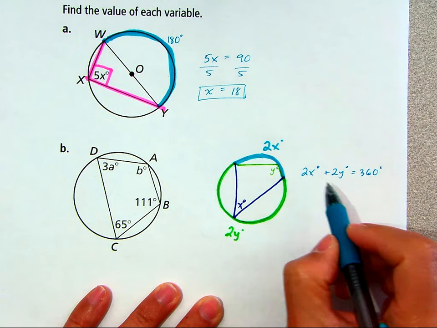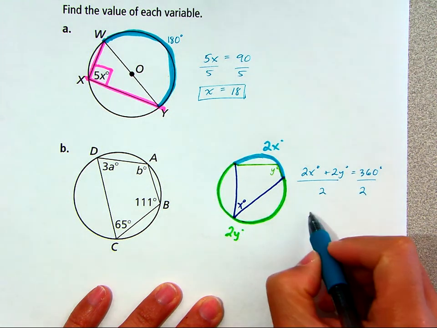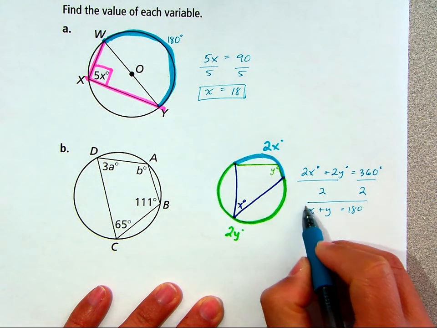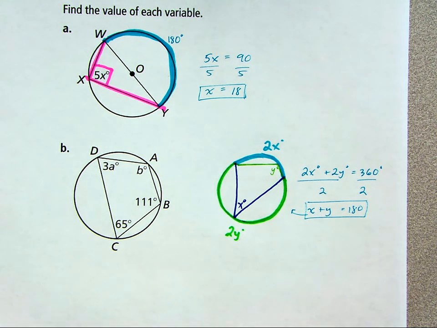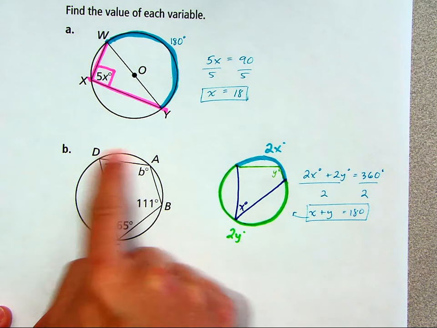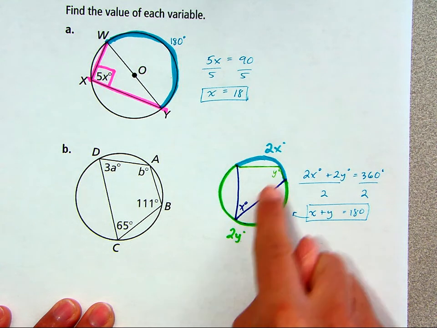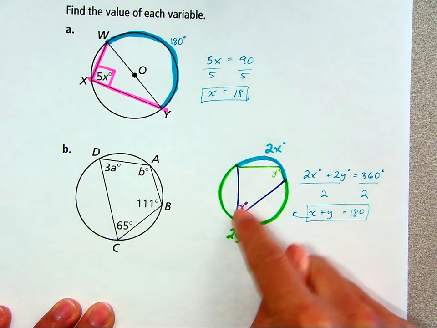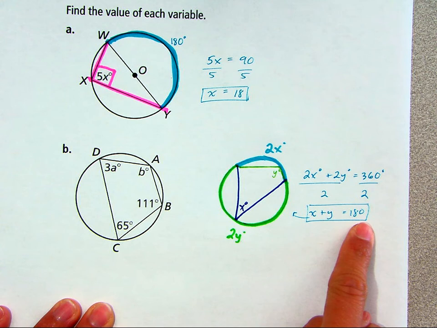But now check this out. Divide both sides of the equation by 2, and you get x plus y equals 180 degrees. This is the result that we need to solve part B. If you have some polygon and two inscribed angles that are opposite each other, then their sum will be 180.